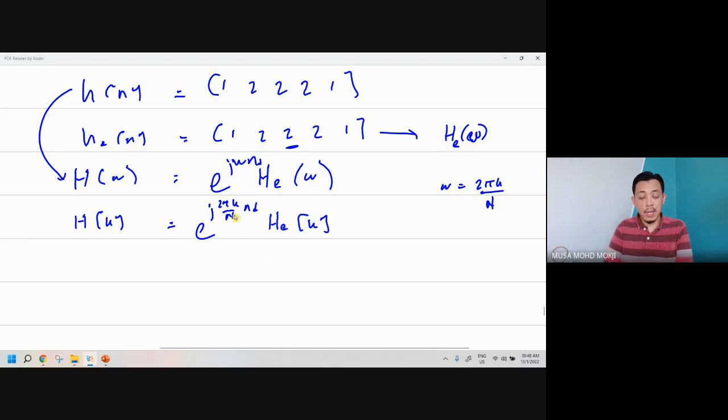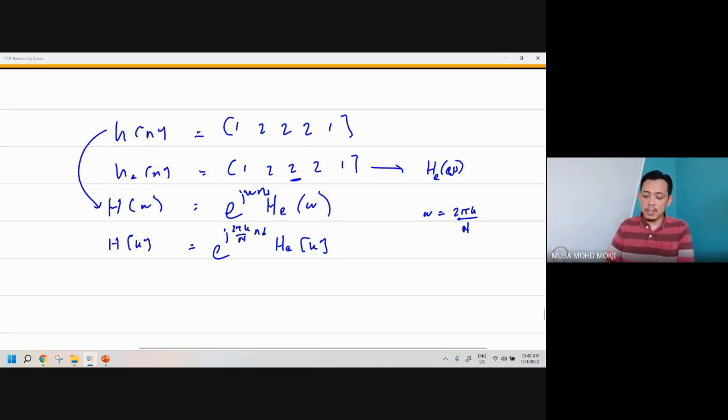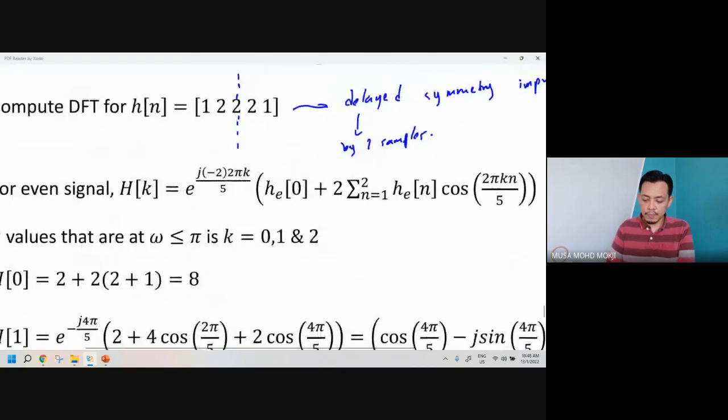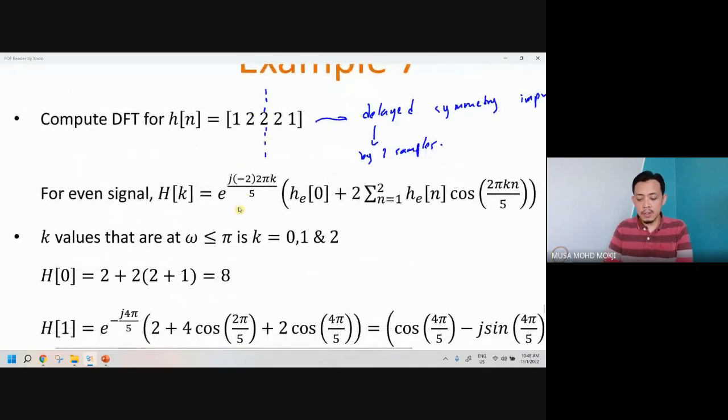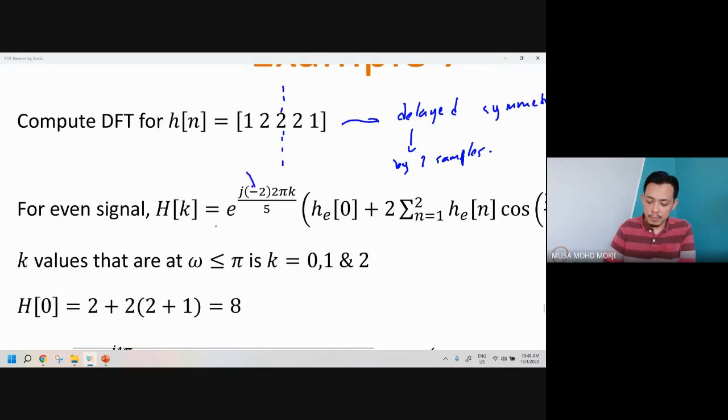You just replace that omega into this one. This is actually originally from e to the j omega nd, and this minus 2 is the nd, and this 2 pi k over n is the omega. So you just replace that.